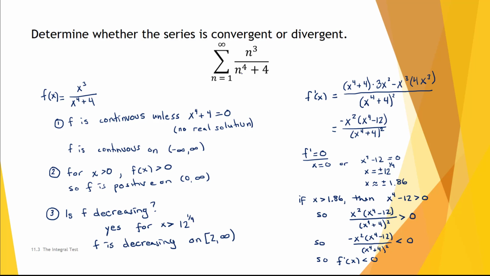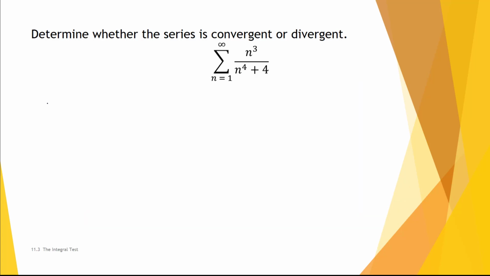Now what we've done so far is we've shown that the function f satisfies the hypotheses that are required for the integral test. The integral test says that our series converges if and only if the improper integral from 1 to infinity of the function x to the third over x to the fourth plus 4 dx converges. So we will now look at this integral.